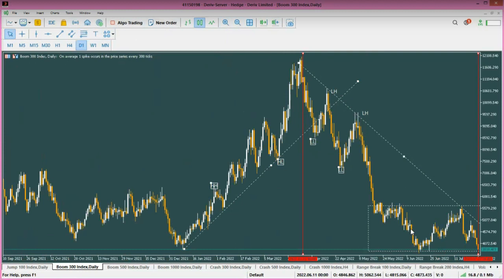So to determine whether a market is trending or not, you have to use bigger time frames, such as H4, the daily time frame or the weekly time frame. Never try to use smaller time frames to determine the market structure.